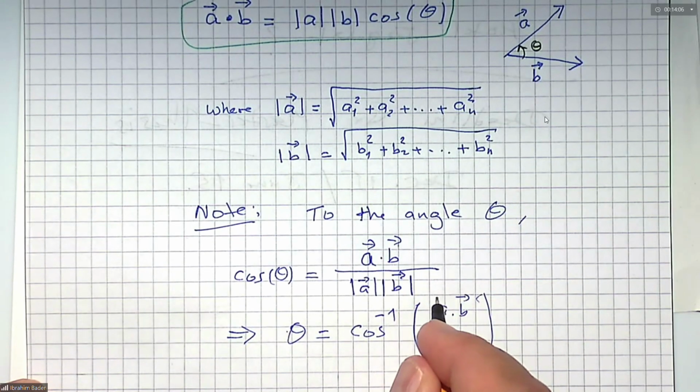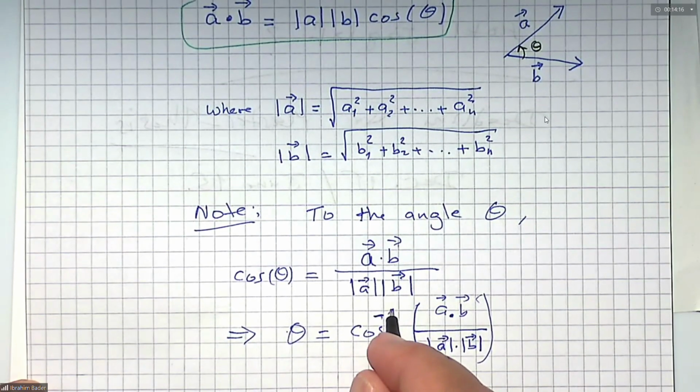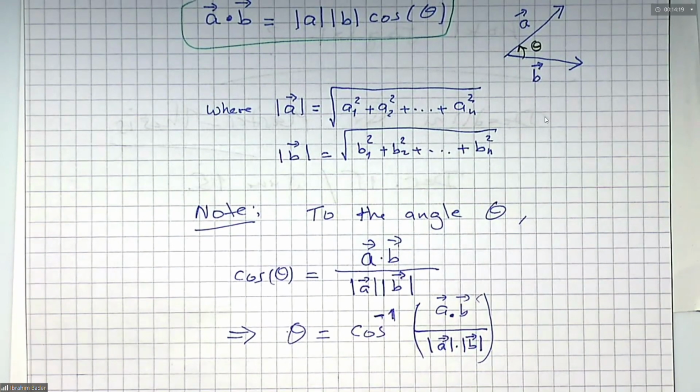Bear in mind this is the dot product of vectors, and this is the magnitude of A times the magnitude of B. Cosine inverse is also referred to in some calculators and reference books as arc cosine. Arc cosine is the same as cosine inverse.